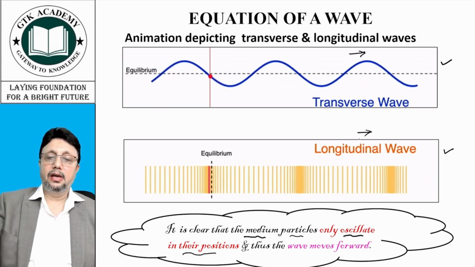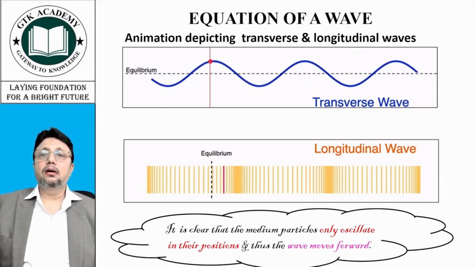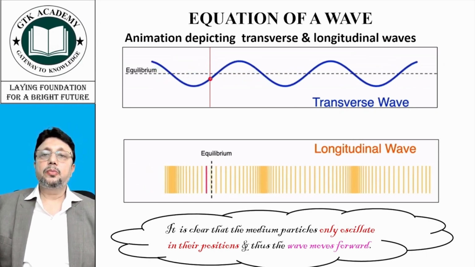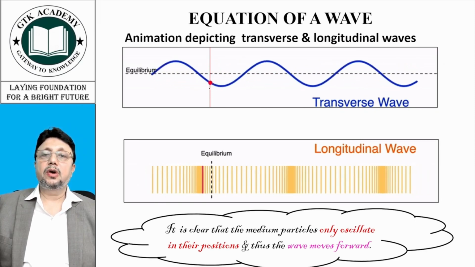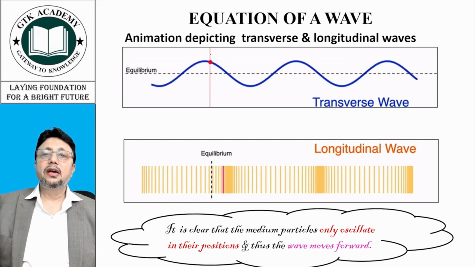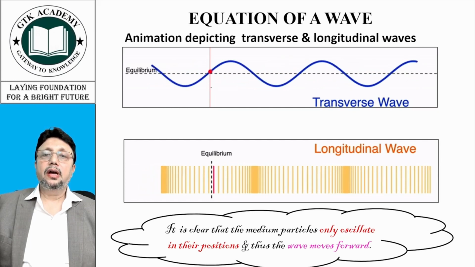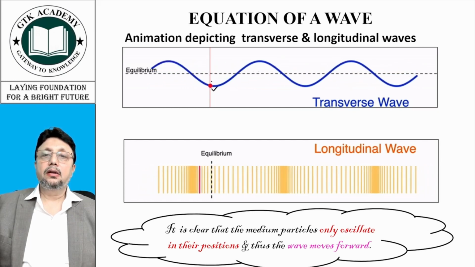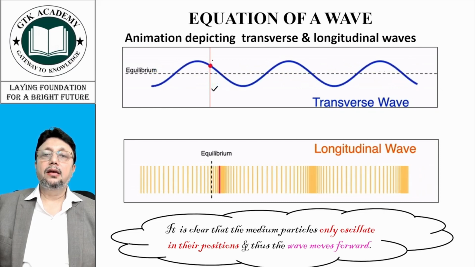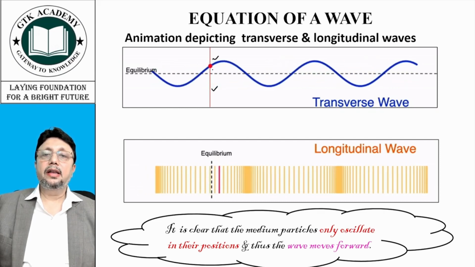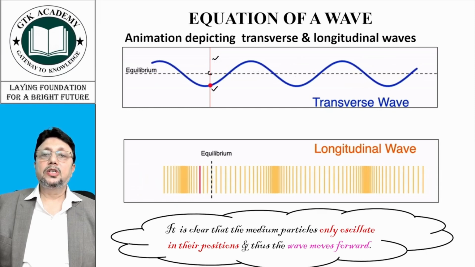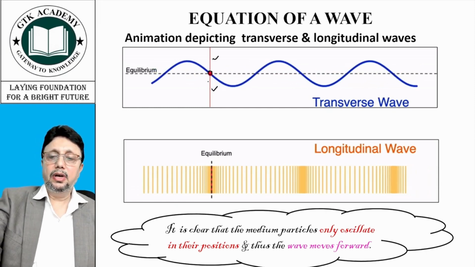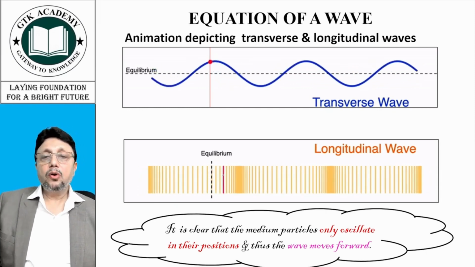You can see. Now I've just put a straight line here on this particle, which is marked in red. So you can see it is going up, it's coming down, again it goes up, again it comes down. So its position is this, it's only oscillating about its position.